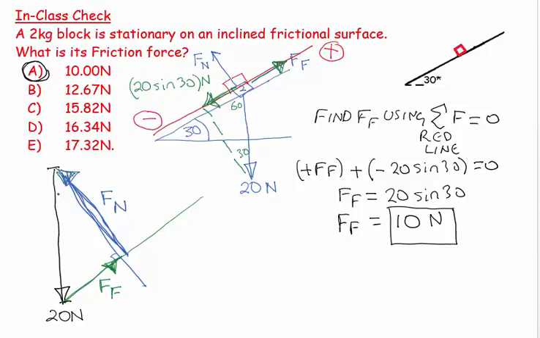And so with the scale, 1 centimeter equals 1 newton, I can measure this length and see how many centimeters it would be. And frankly, it would be 10 centimeters. If it was 10 centimeters equals 20 newtons, then this would be 5 centimeters long, and it would mean it's 10 newtons.